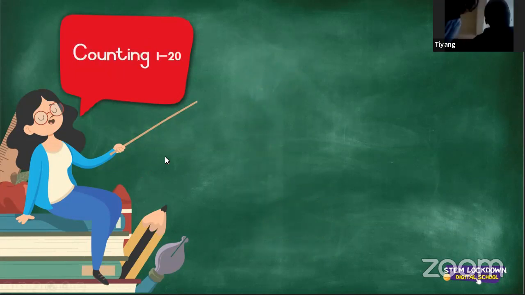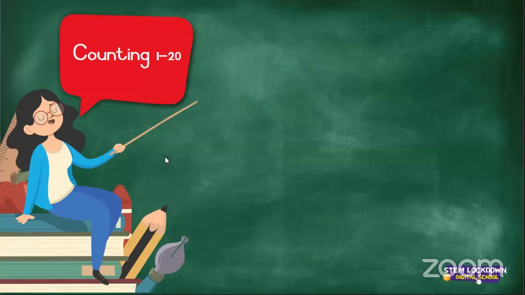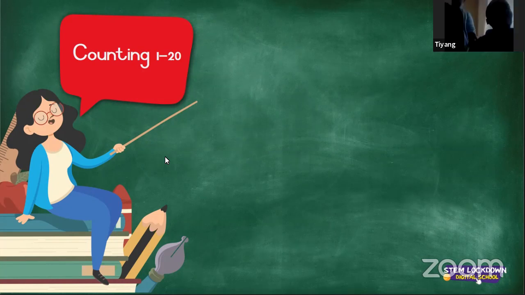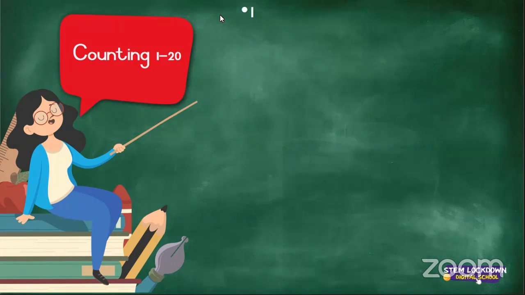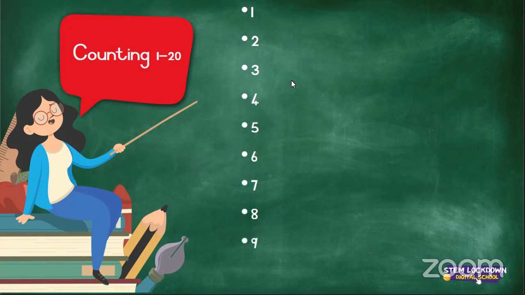We're going to count from 1 to 20. Ready? Let's all count together, starting with 1. 1, 2, 3, 4, 5, 6, 7, 8, 9, 10.